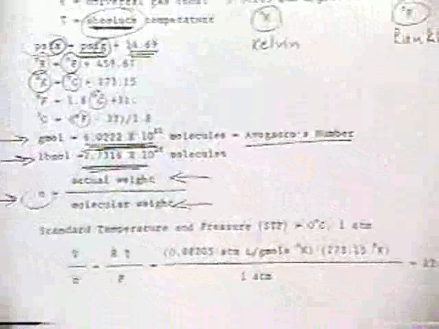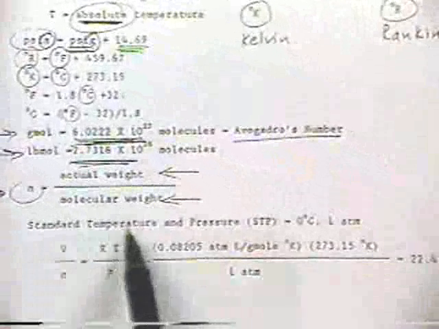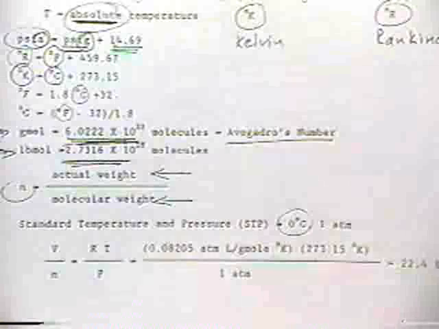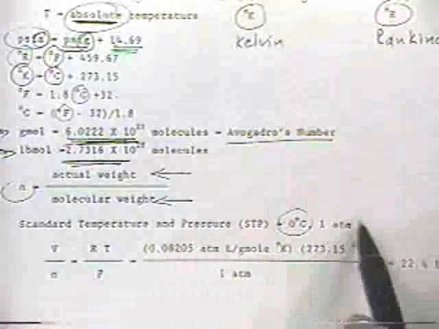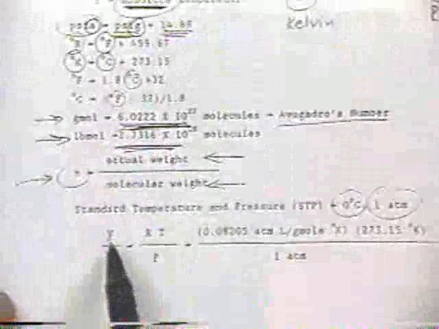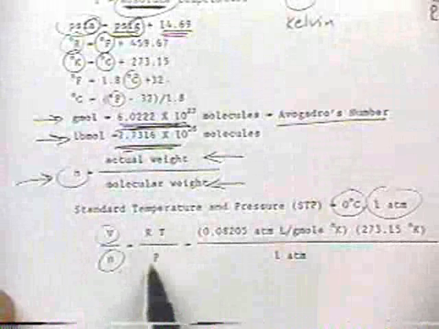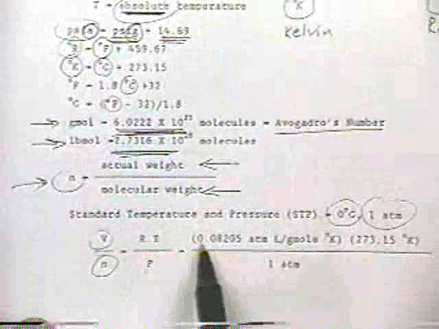Now, there's a concept in chemistry called standard temperature and pressure. Standard temperature is 0 degrees Celsius, and standard pressure is 1 atmosphere. If we take the ideal gas equation and rearrange it so we have volume per mole is equal to RT over P, R is the ideal gas constant, which varies depending on what system you're using.